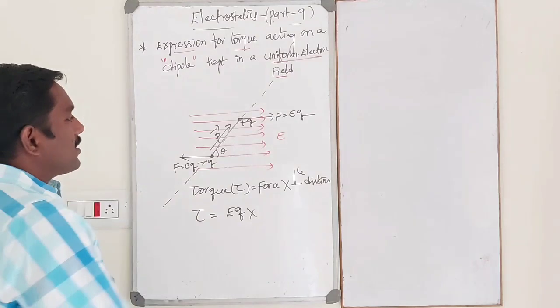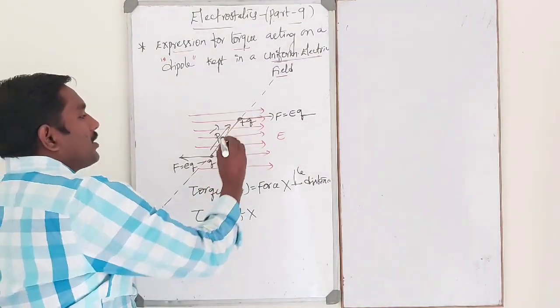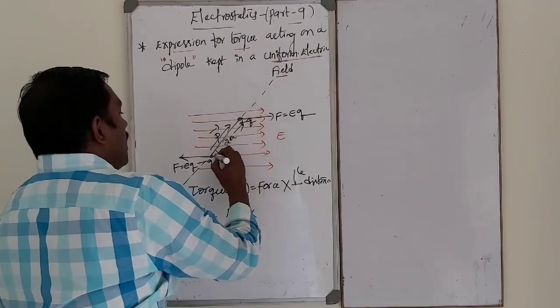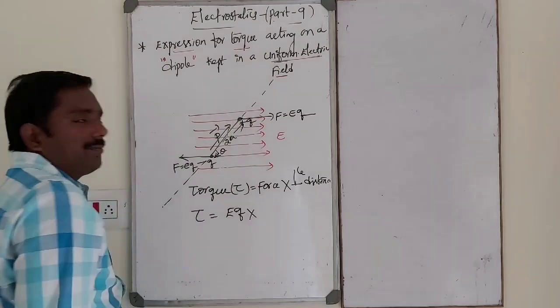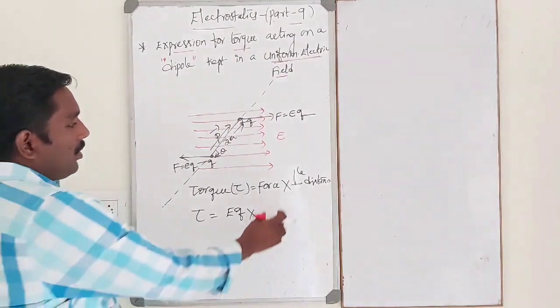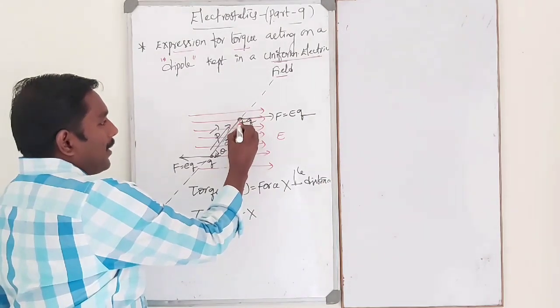I want the perpendicular distance. Dear students, this is the distance between the two charges, so I will take 2A. 2A is the distance between the two charges. In this case, I want the perpendicular distance. See, this is the perpendicular distance.